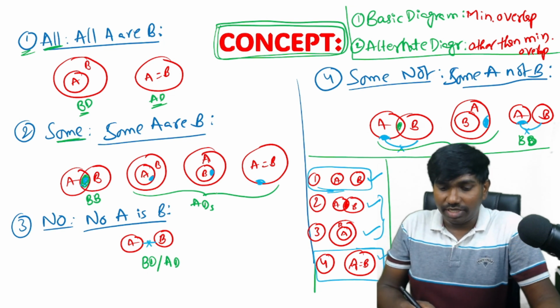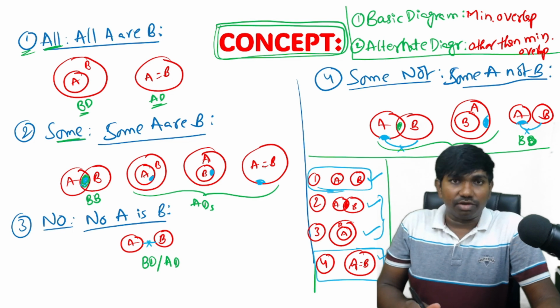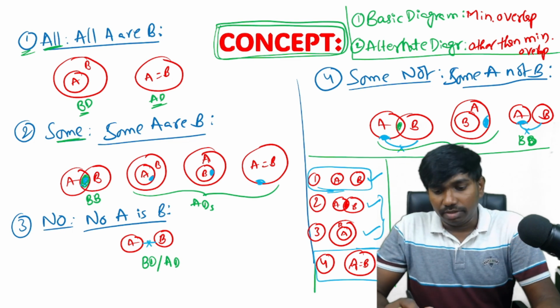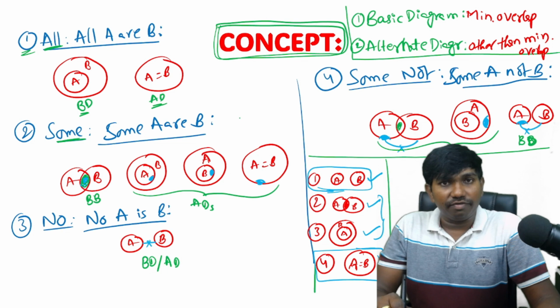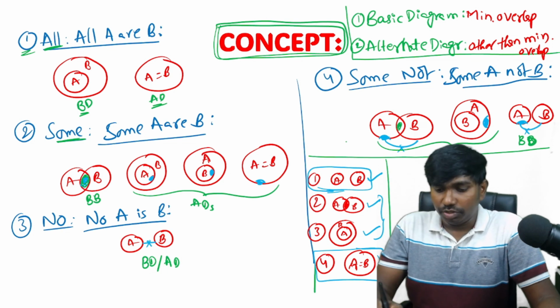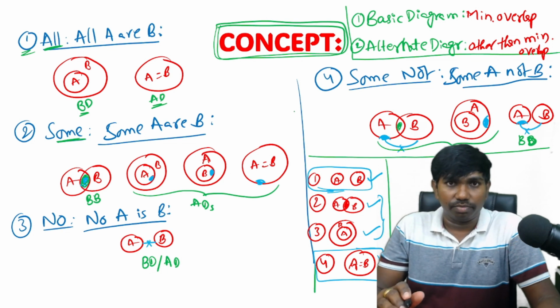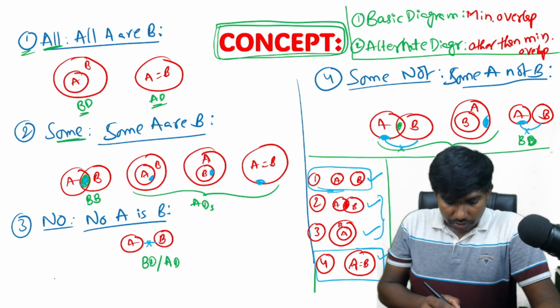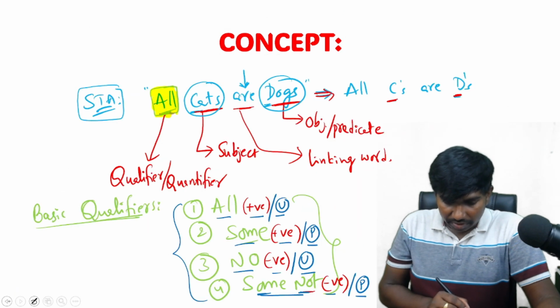If you don't understand, then see this concept twice or thrice, because if you are clear with the concepts, questions can be solved easily. If you attempt the questions with half knowledge of the concept, it will go wrong. That's why I'm saying, be clear with these things.